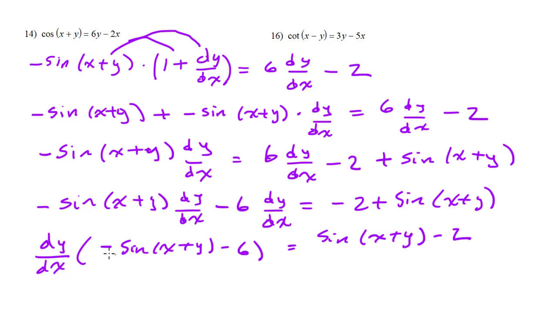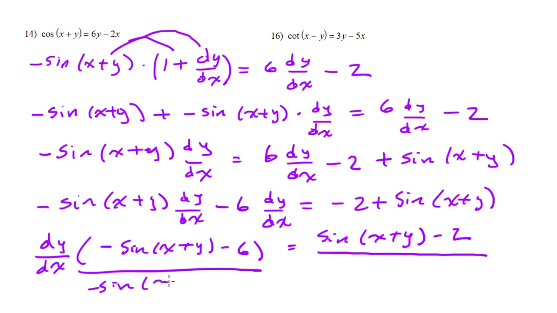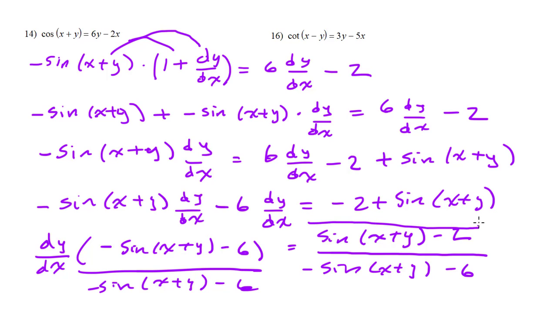The last step then would be to divide by this after I factored out the dy/dx. So I'm going to divide by negative sine of (x plus y) minus 6. And divide this by negative sine of (x plus y) minus 6. So this would be my final answer.